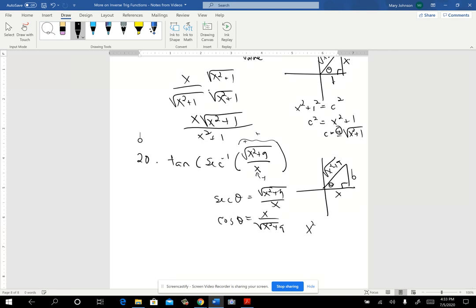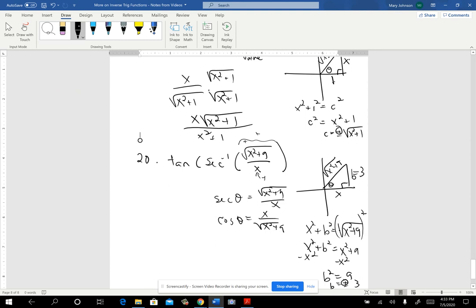So we know x squared plus b squared would equal the square root of x squared plus 9, squared. So x squared plus b squared equals just x squared plus 9. The square root and squaring undo each other. I'm going to subtract x squared from both sides, and I get that b squared equals 9, so it's positive or negative 3, so it has to be 3. So b equals 3.